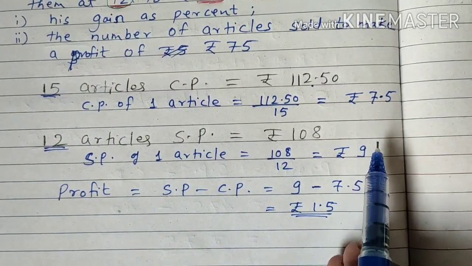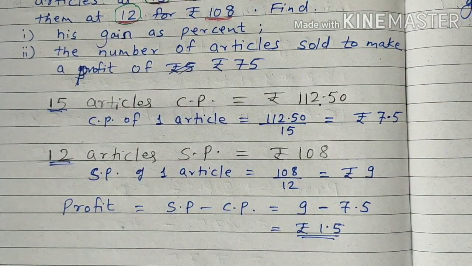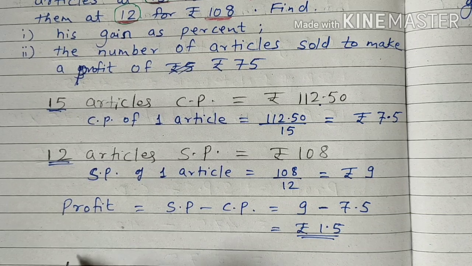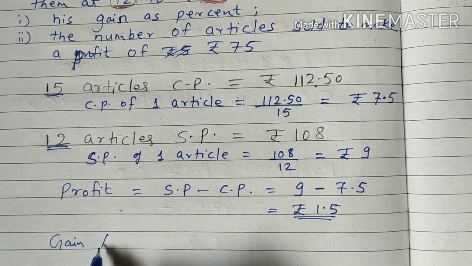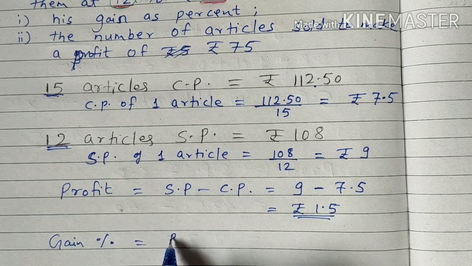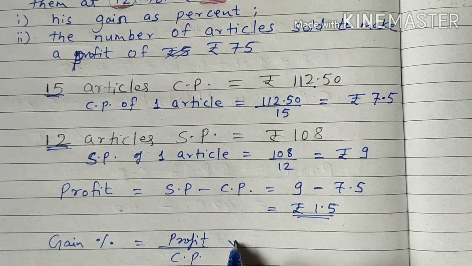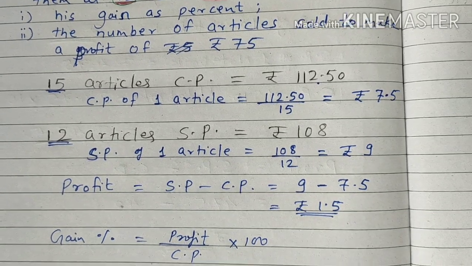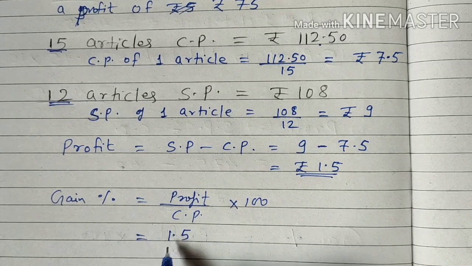So what is our question then? Find his gain percent. We want to find out the gain percent, that means profit percent. So let us find out the gain percent. Gain percent is equals to profit upon CP multiplied by 100. So what is the value of profit we have? 1.5.